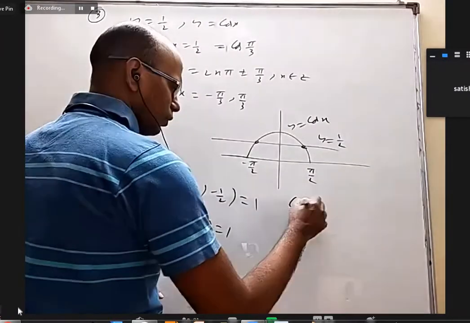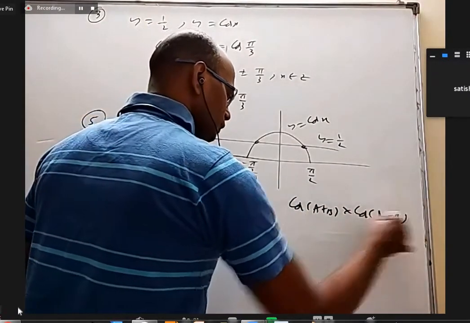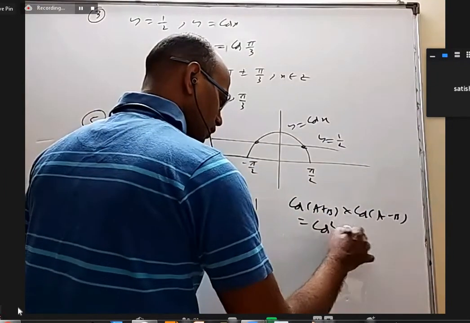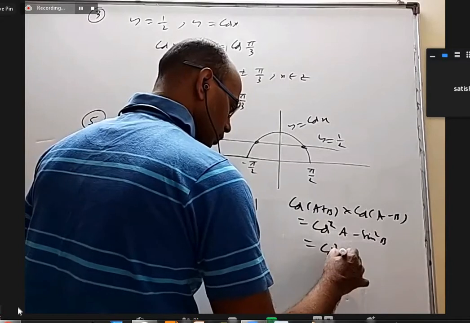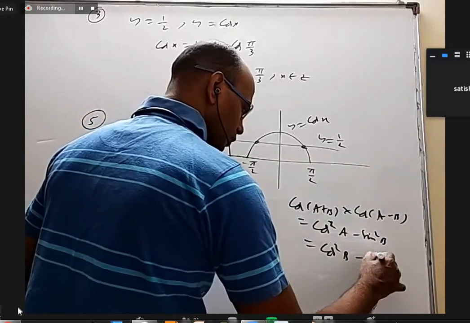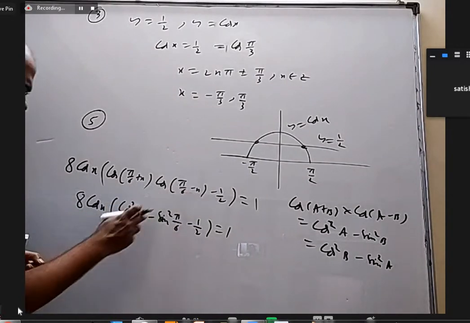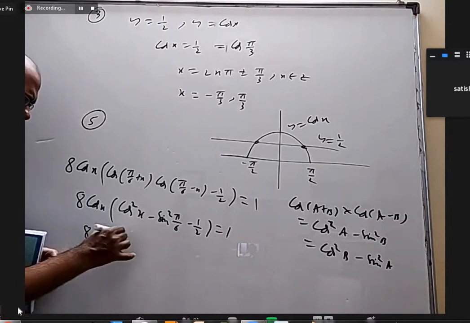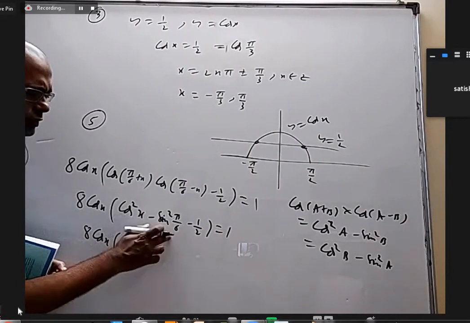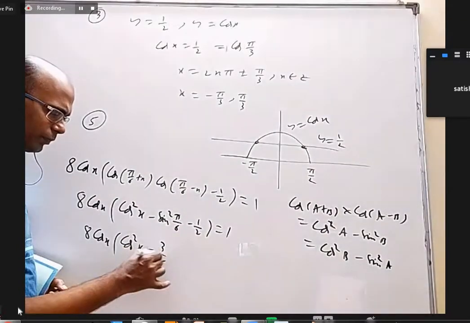Okay, we are using the formula cos a plus b into cos a minus b is cos square a minus sin square b or cos square b minus sin square a. So I can take 8 cos x here and cos square x. This is sin 30, 1 by 2, square of that 1 by 4, and including this it will be 3 by 4.